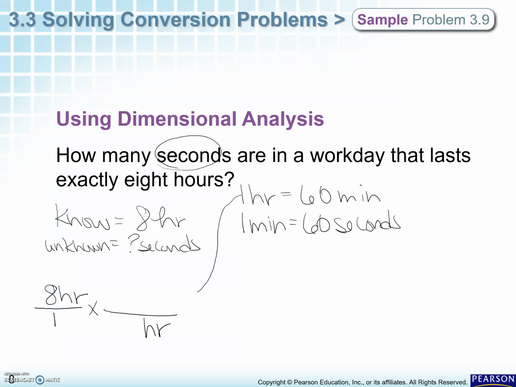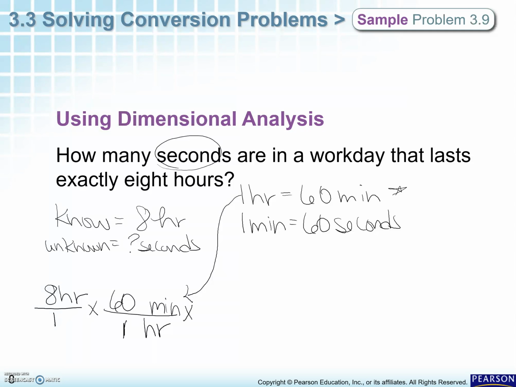We have one conversion factor that will allow us to figure out how many minutes are in this 8-hour workday. So we're going to use the first conversion factor, and that has 1 hour, and on top we would put minutes, because that's the only thing we know for our conversion.